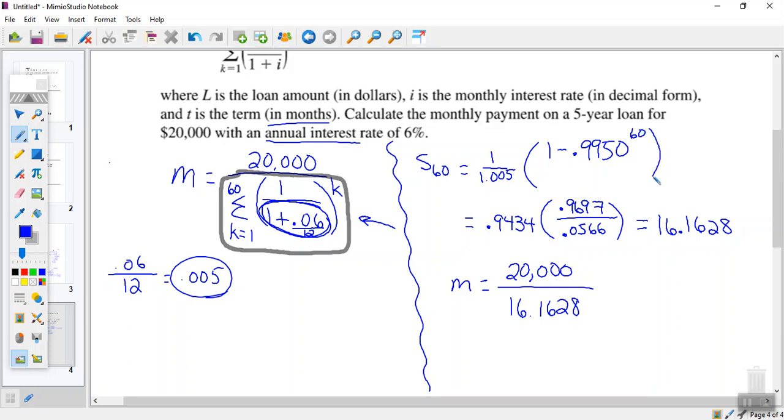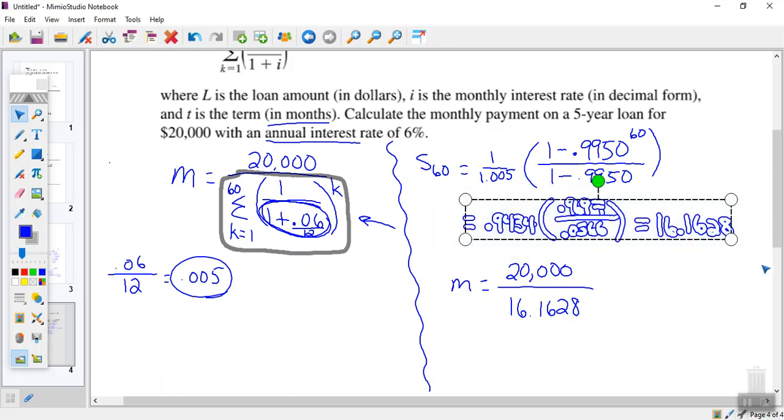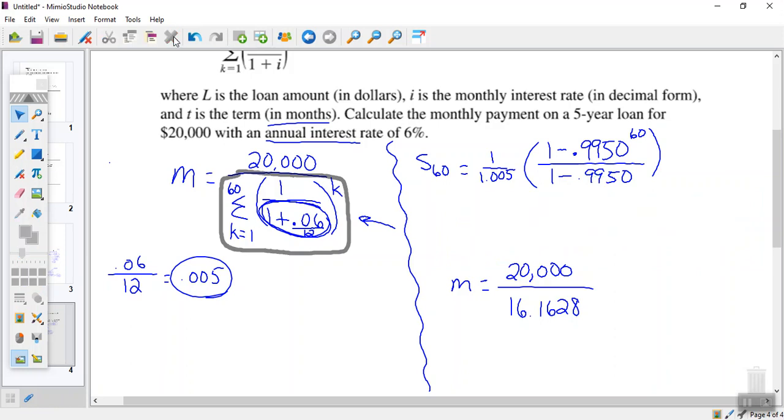That's going to work better. 1 minus 0.9950 here. All right, let me get this next line rewritten then. I think we're going to like this better. This would have been then 0.9950. That's this value.